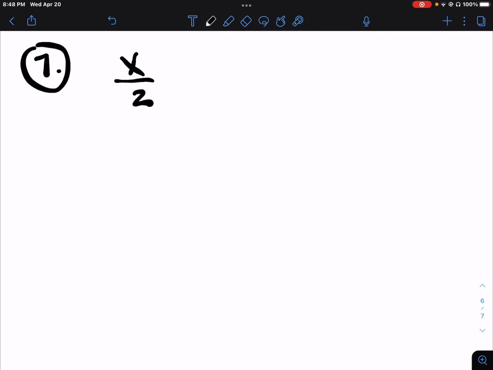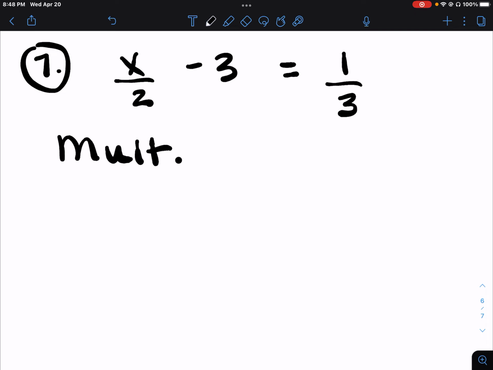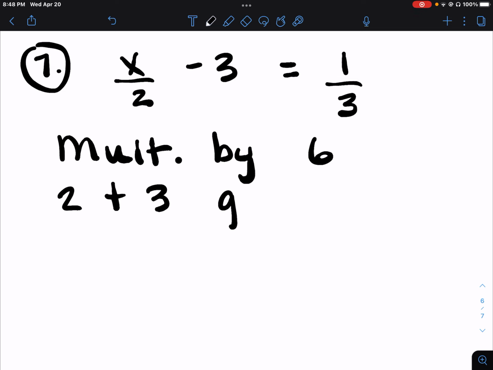X over 2 minus 3 equals 1/3. The best thing to do here is multiply by 6. Okay, why 6? Because 2 and 3 go into it. Okay, so I'm going to do x over 2.